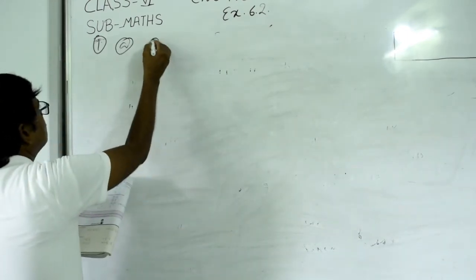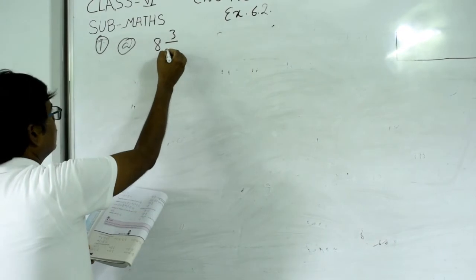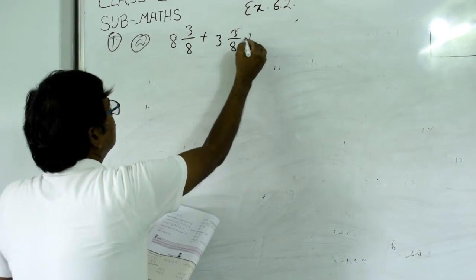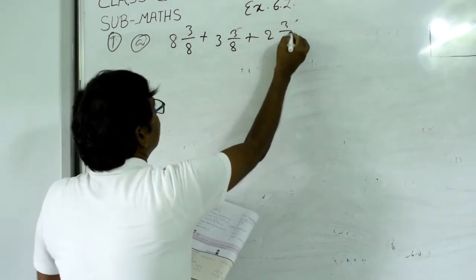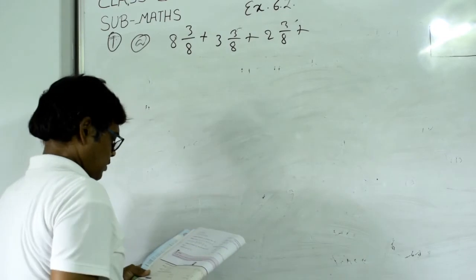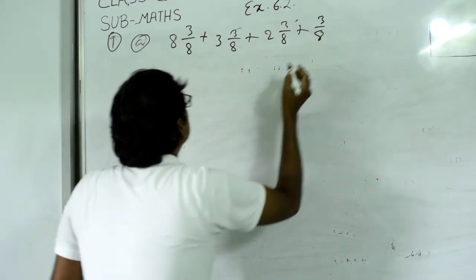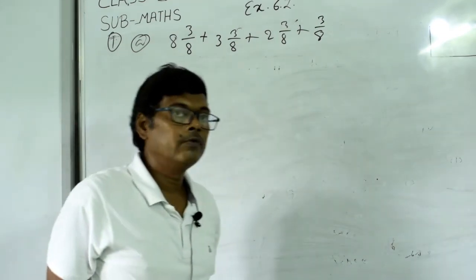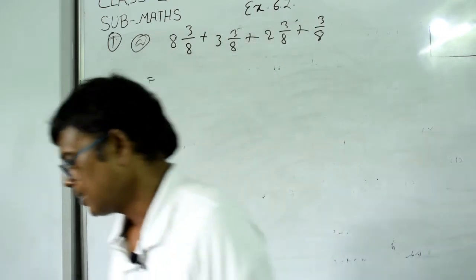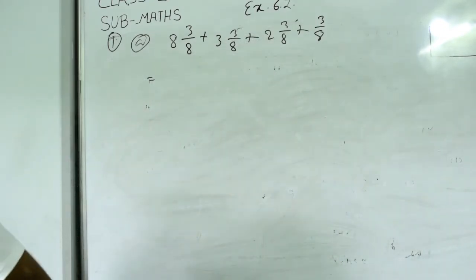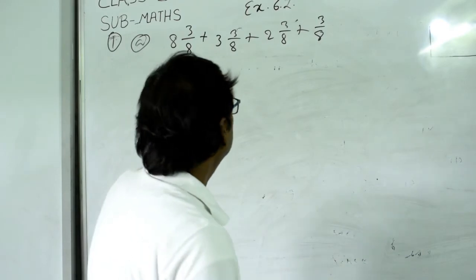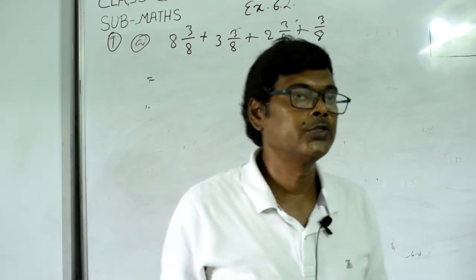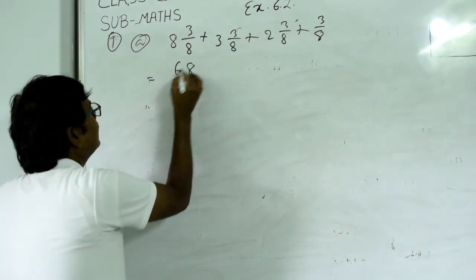So the first question is 8 and 3 by 8 plus 3 and 3 by 8 plus 2 and 3 by 8 plus 3 by 8. I think this is very easy. First convert them into fractions, since they are given as mixed fractions. 8 8s are 64, and 64 plus 3 is 68, so it will be 68 by 8.